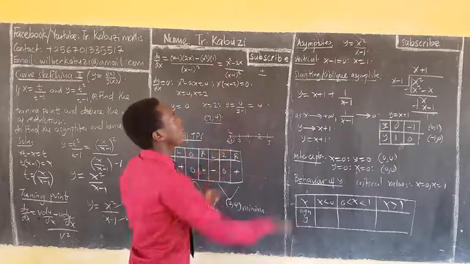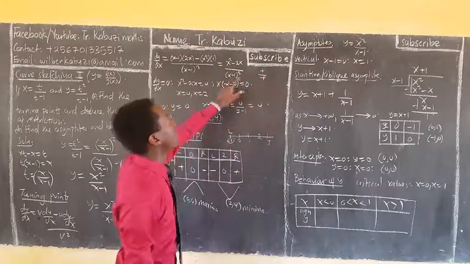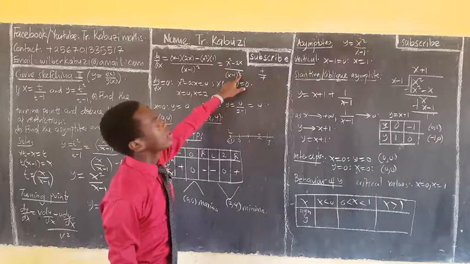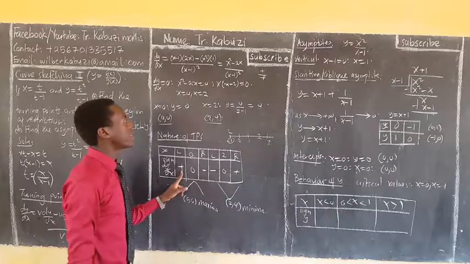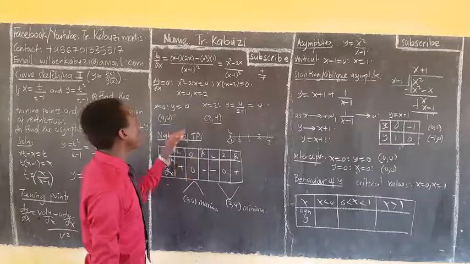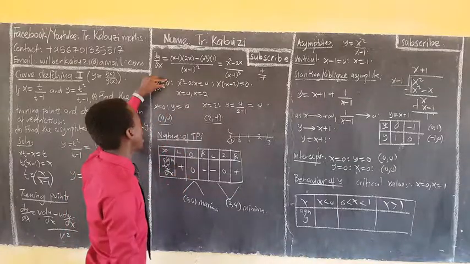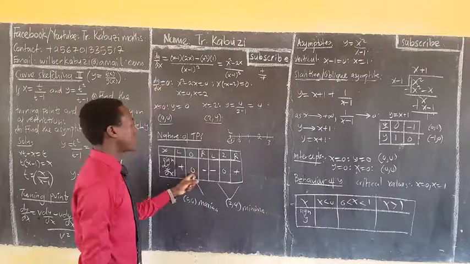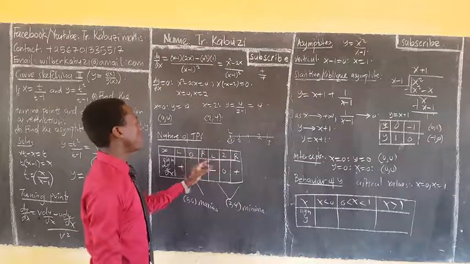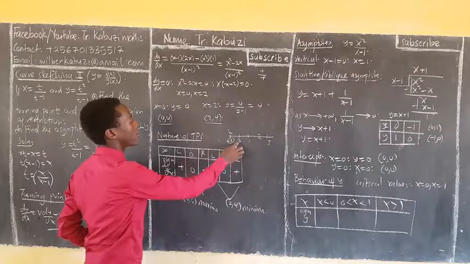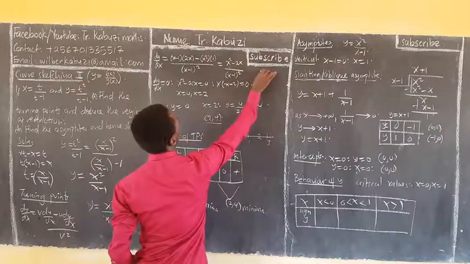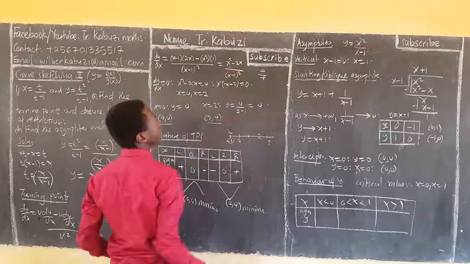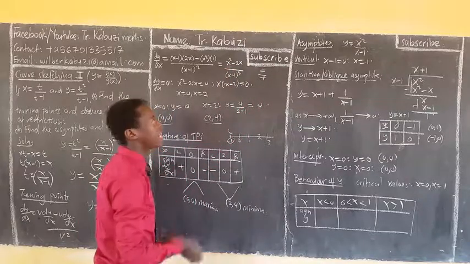When you square anything, what you get is a positive. So always down, when you have a square, don't waste time because it's always going to be positive. So positive over positive, that's why this is positive. Now at 0, because we got this 0 after our dy/dx is 0, that's why this 0 is here. Then to the right of 0, there is 1. When I put 1 here, I'll be getting a negative because it will be 1 minus 2, this is negative 1, but I'm interested in the sign.